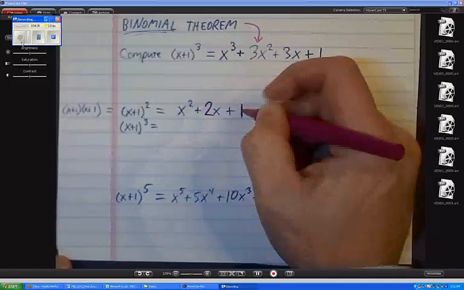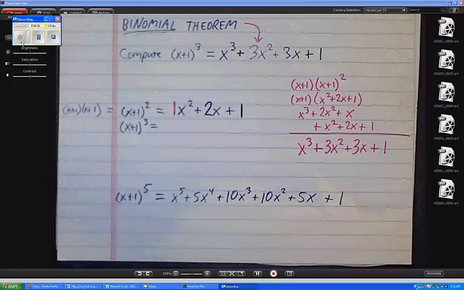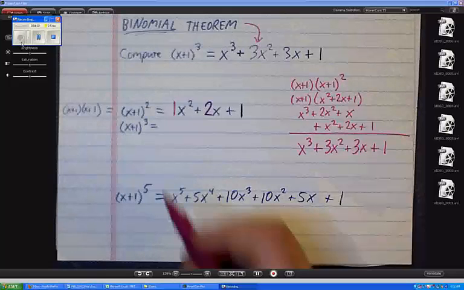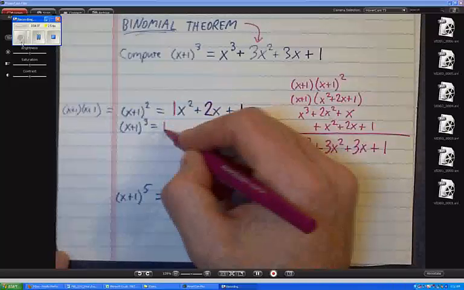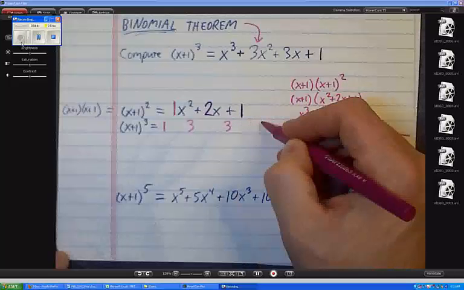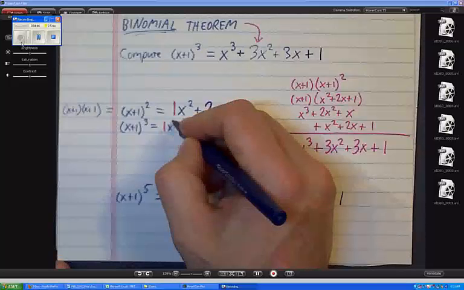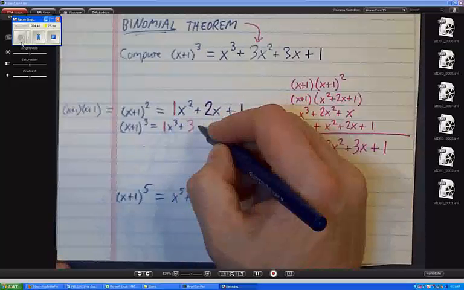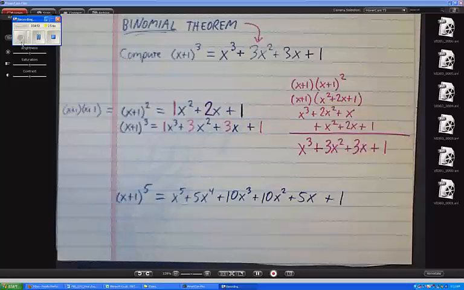And I'm going to point out that there's a 1 in front of the x squared there. And so when I do x plus 1 to the 3rd power, I'm going to point out that this is a 1, and this is a 3, and this is a 3, and this is a 1. Those are the coefficients that I want. 1x cubed plus 3x squared plus 3x plus 1. That's what it is.